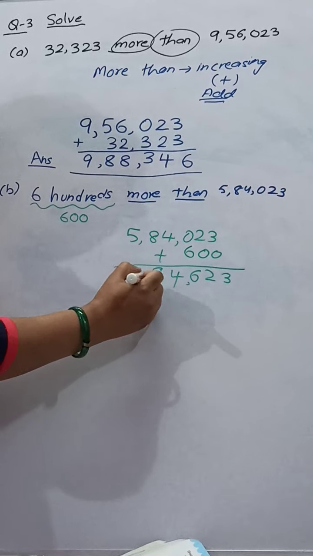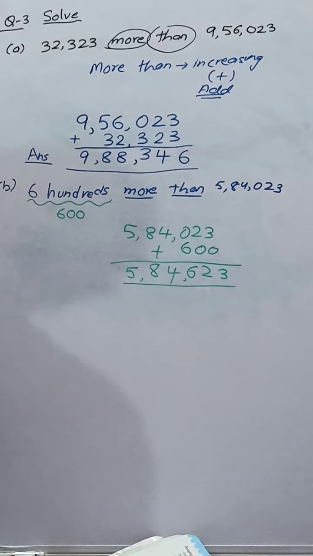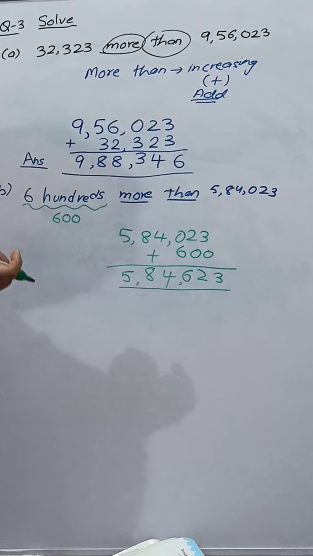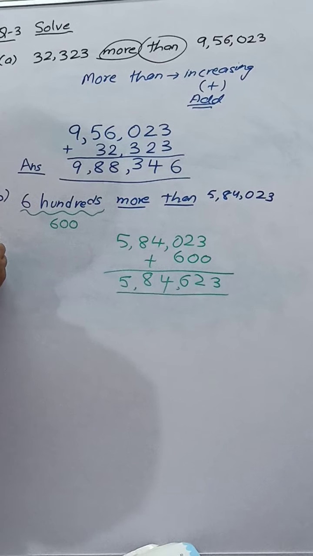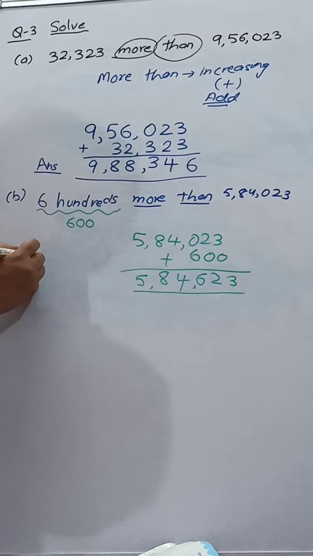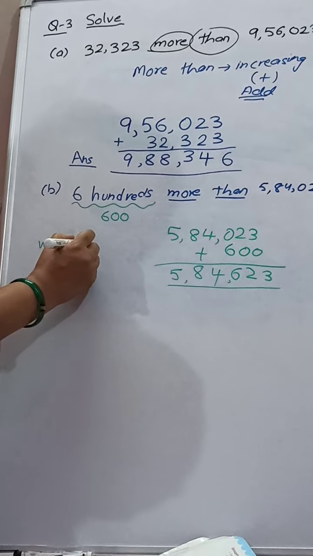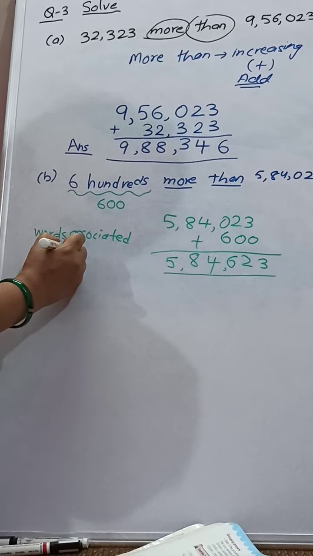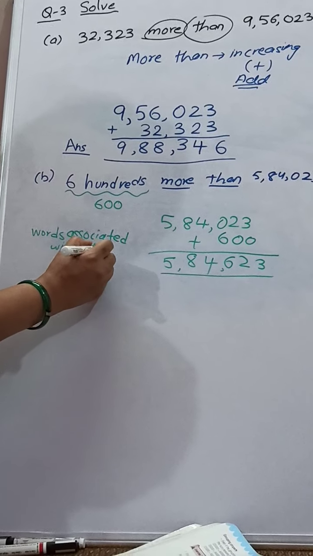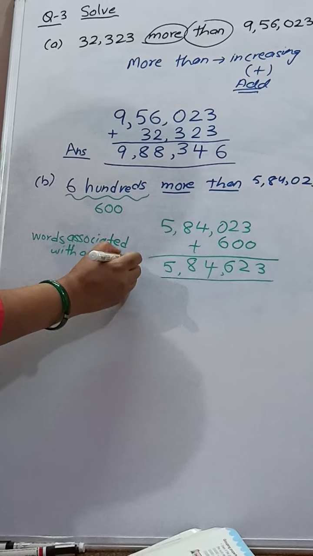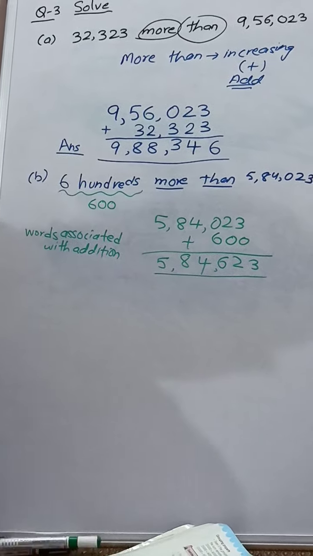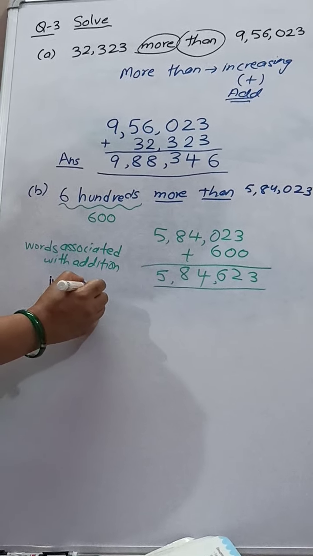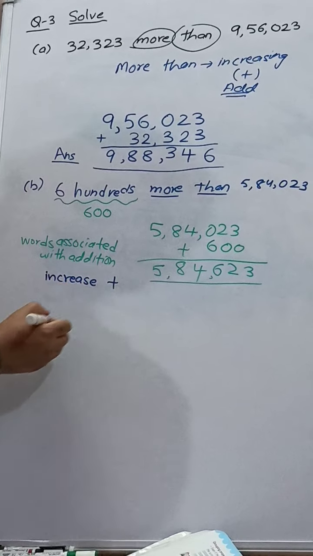So whenever we are told to increase a value, to advance a value, there are certain words associated with addition. Like if I say there is an increase in the value. So when the value is increasing, we'll have to add.